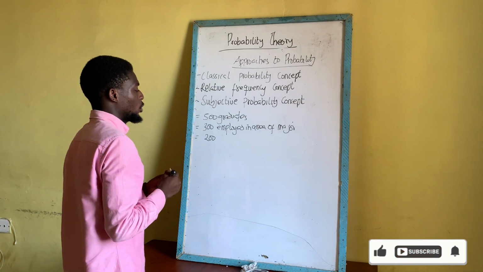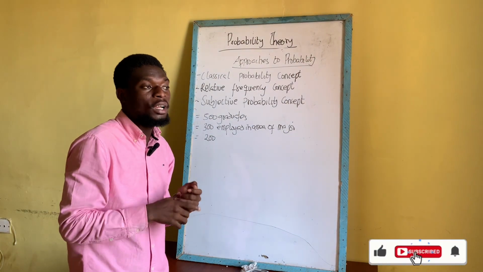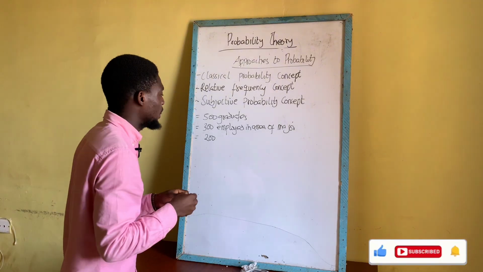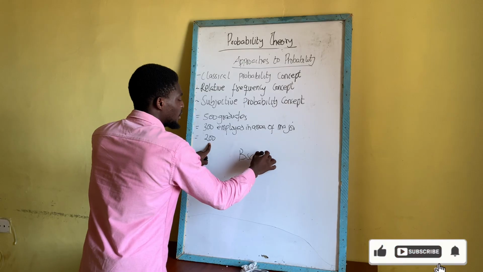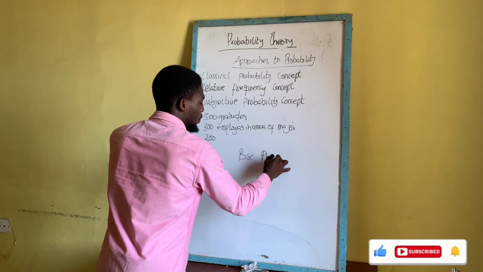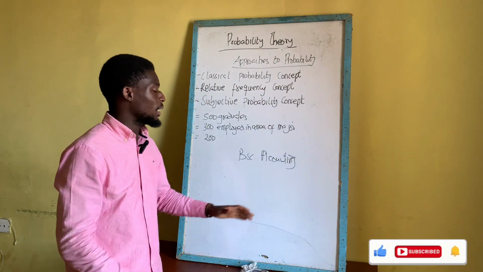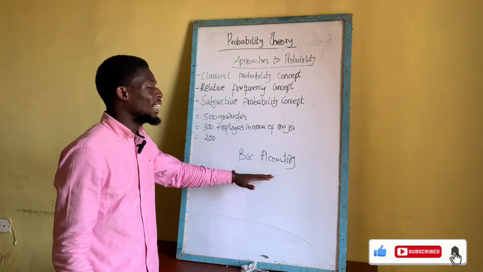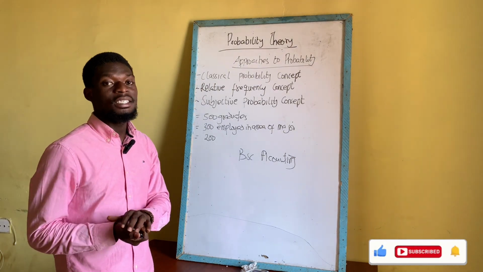graduates were not necessarily unemployed, but they were employed in an area other than, let's say, a particular student or these 200 graduates studied BSc Accounting. Instead of being employed in the banking sector, they were working in, let's say, a manufacturing organization.